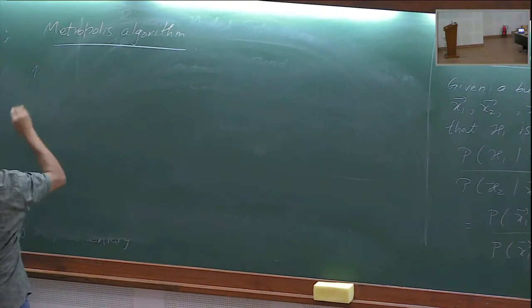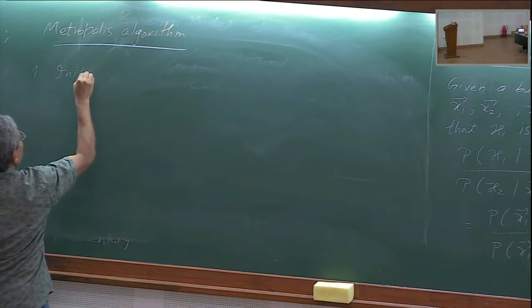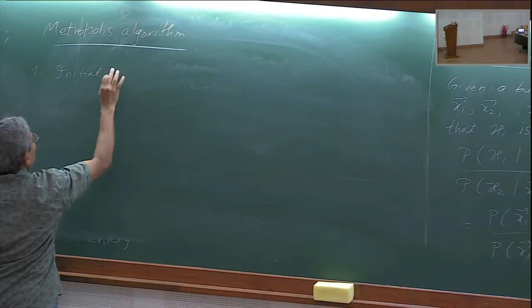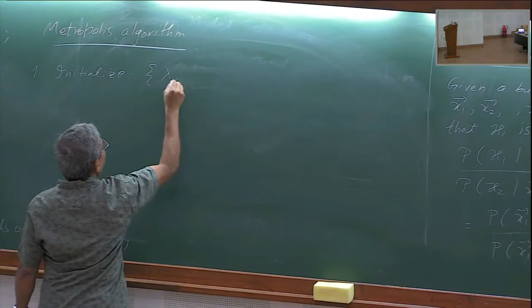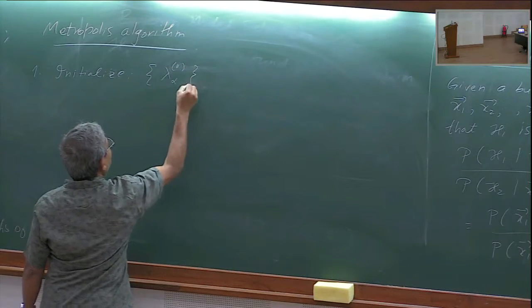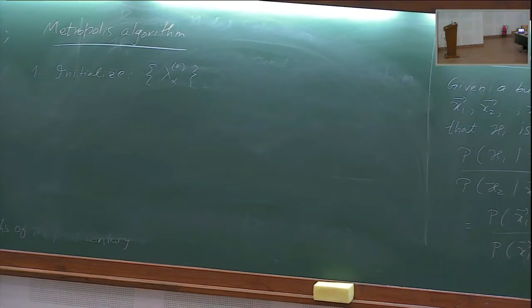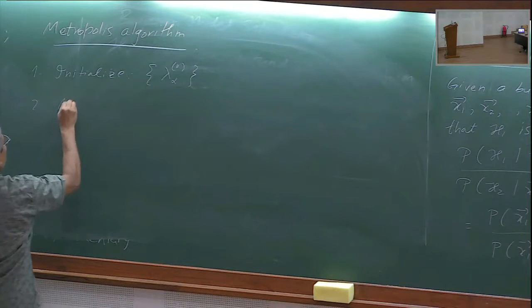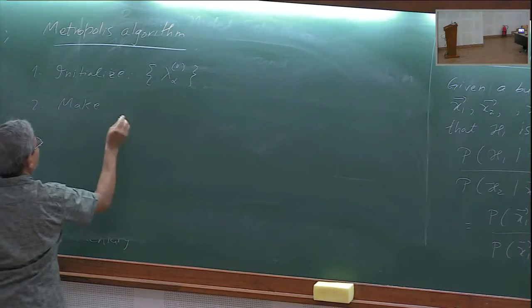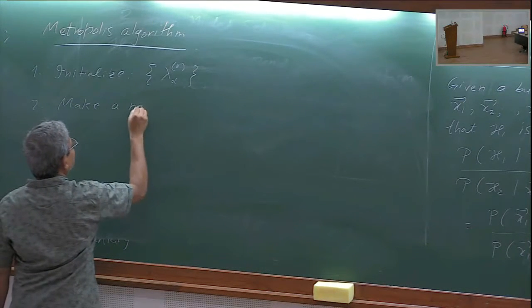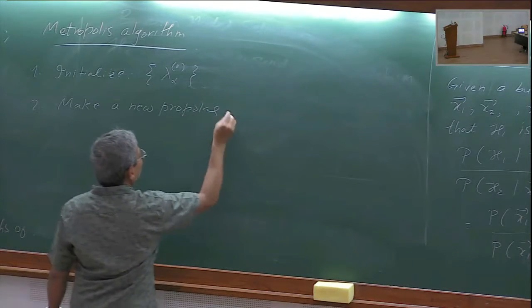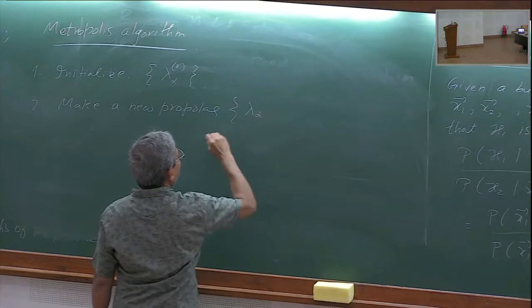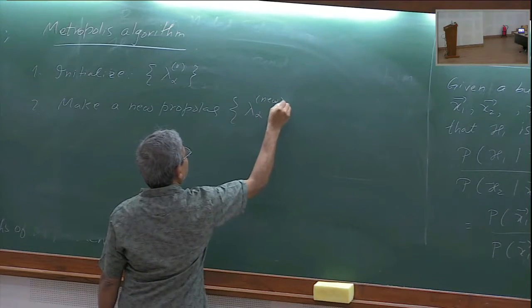So the first step is initialize, which means you choose a bunch of points, lambda alpha 0. Make a proposal, a new proposal, lambda alpha nu.